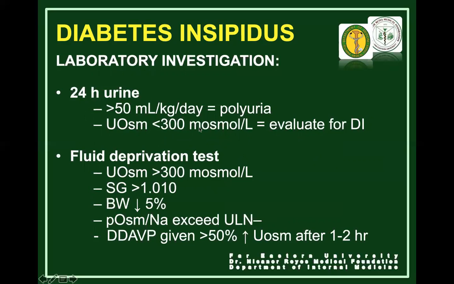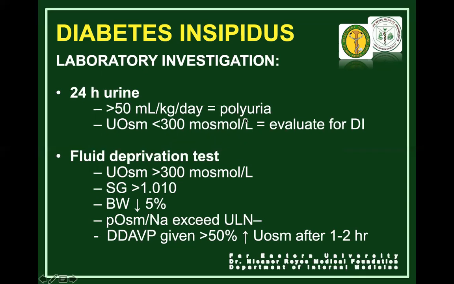So that's how you say that it is polyuria. You have to measure the 24-hour urine. Now, also, you have to get the urine osmolality. Usually it should be a dilute urine, so urine osmolality should be less than 300 millimoles per liter.